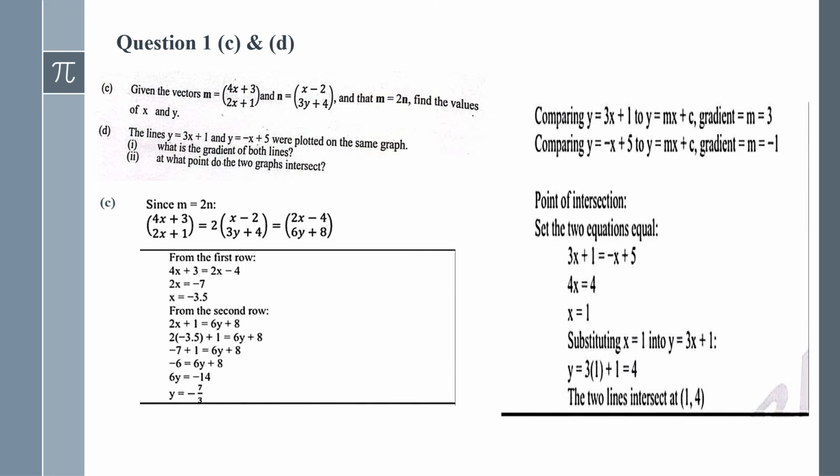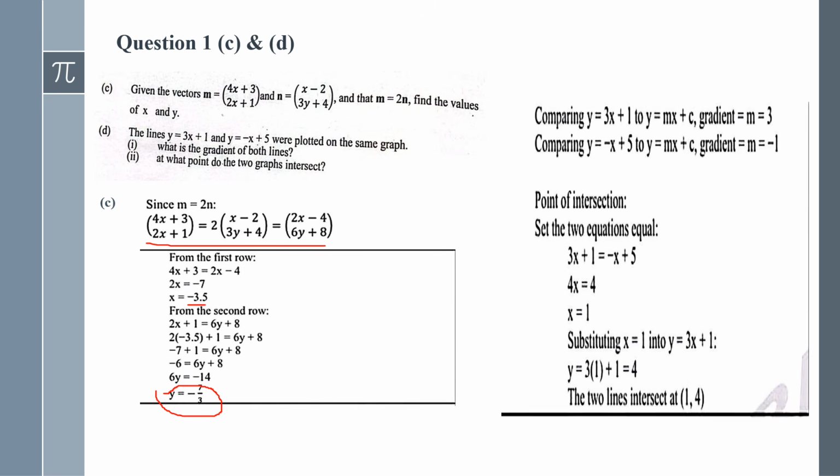Now, since m is equal to 2n, we equate. So 4x plus 3 equal to 2x minus 4. We group terms and x is negative 3.5. In the second row, we have 2x plus y, 6y plus 8. We equate them and y is equal to negative 7 over 3.